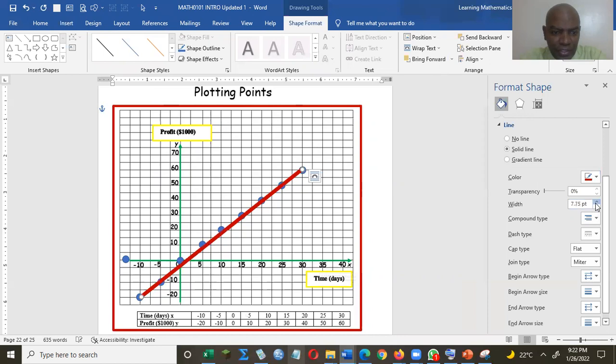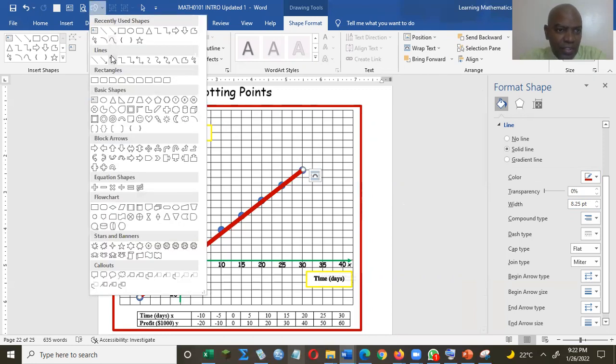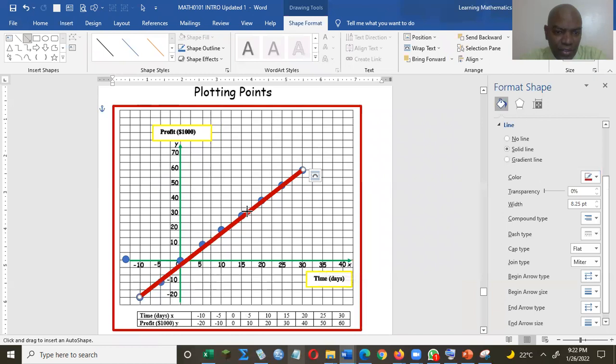So this line that you see shows you the behavior of the profit. According to this line, the profit is increasing because anytime you see a line on a graph, you must associate it with the y variable. Always bear that in mind.